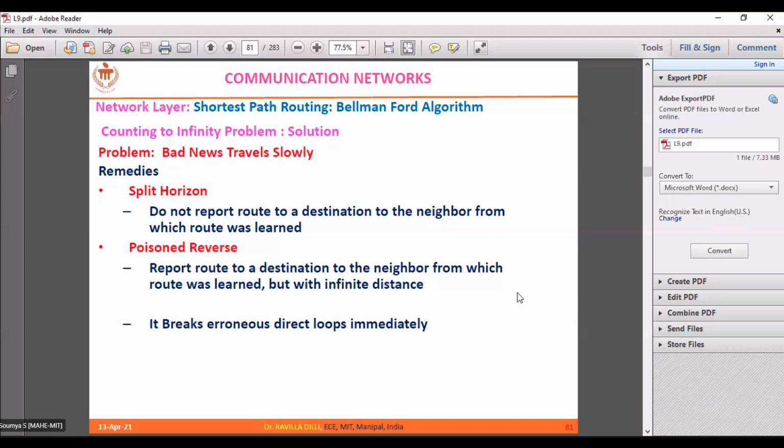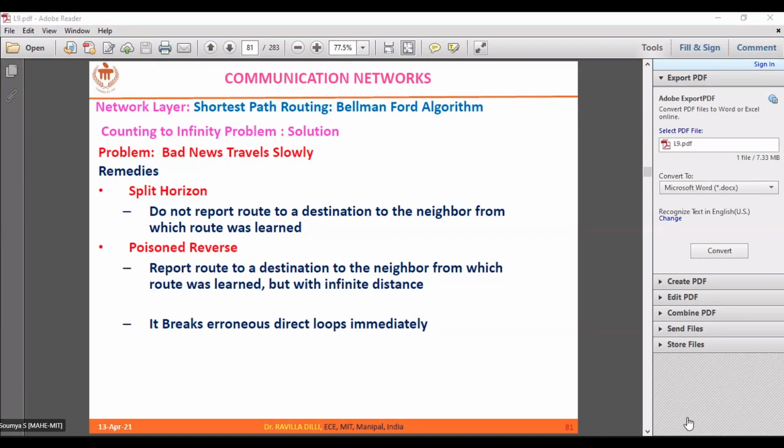Okay. Now, in order to solve this problem, there are two solutions or two remedies.